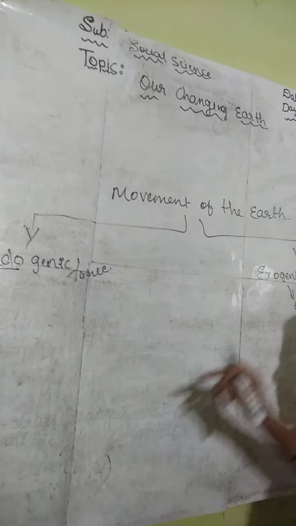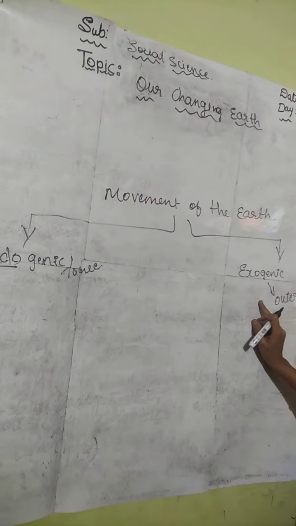Then what is exogenic? Exogenic means the forces which work on the surface of the earth.